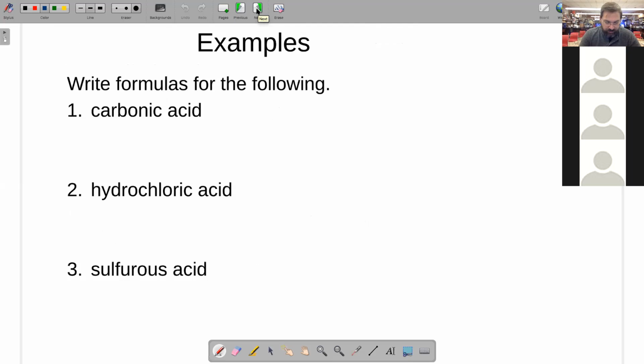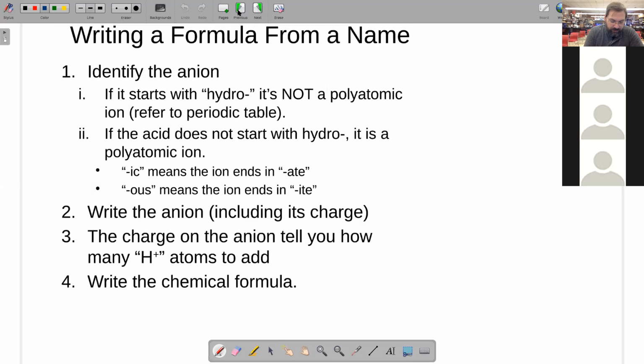So for instance, we do these. Okay, so carbonic acid. It doesn't start with hydro, but it ends with "ic." So that "ic" is a clue about what the anion must have been. So let me go back to this. If it ends with "ic," that means that the anion must have ended with "ate."